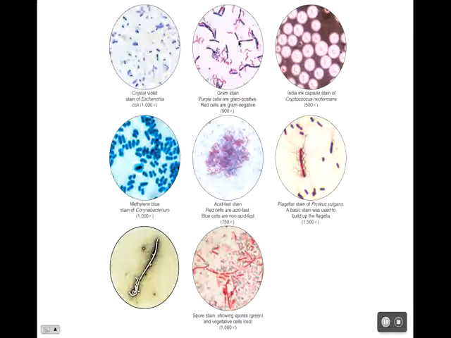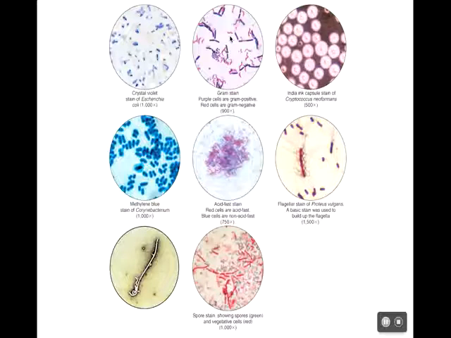A couple of other terms here. A simple stain uses only one dye to stain the organism. A differential stain is a process that uses two different dyes, and it differentiates between cell types or cell parts.